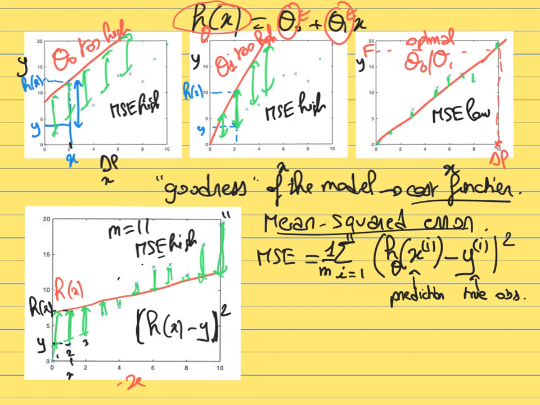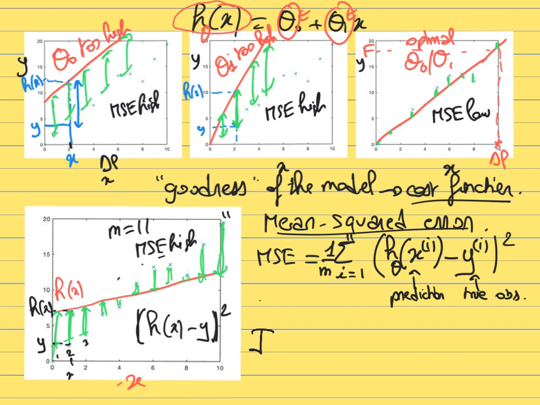So in practice, in many cases, we don't exactly use this specific mean squared error as the cost function. Just to make things easier, and we are going to see why in a few seconds, the way we are going to define the cost function is almost the same as this mean squared error, but we are just going to divide this by a factor 2.